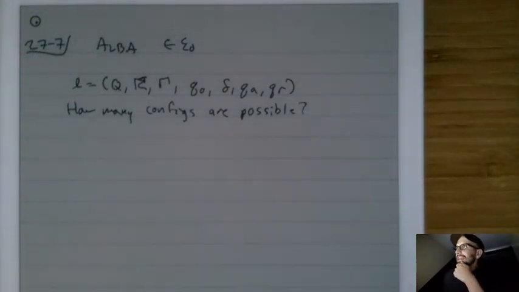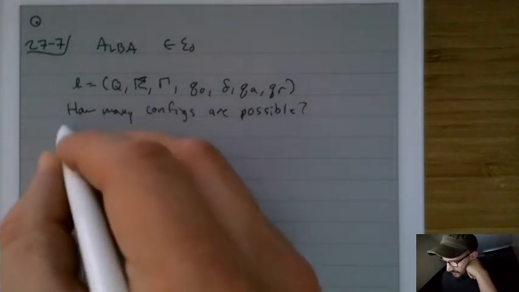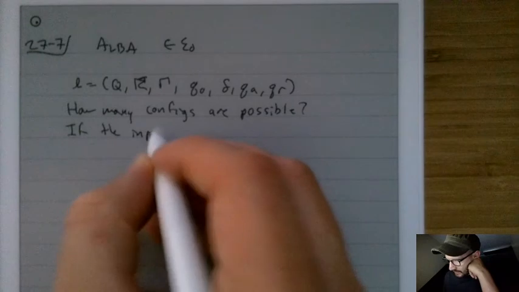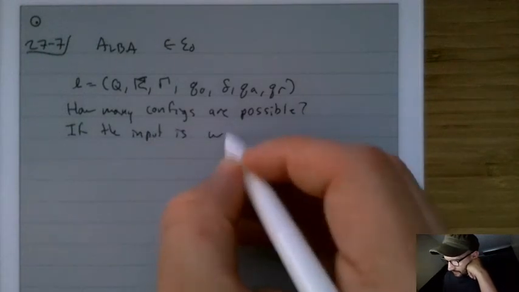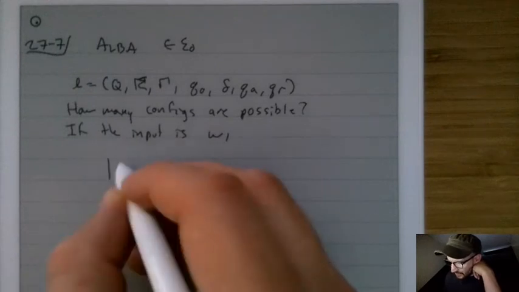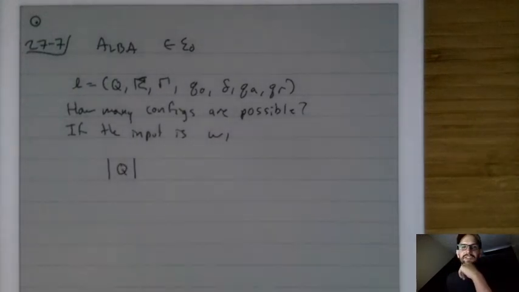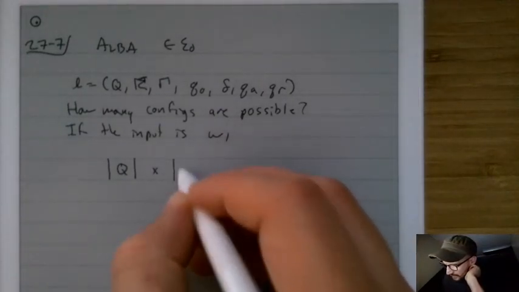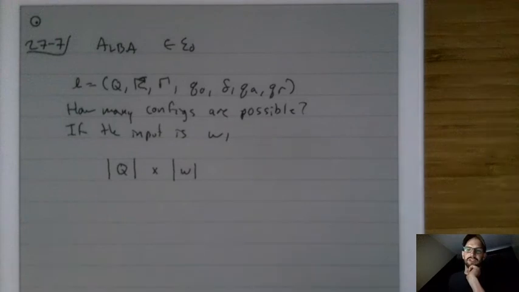Well, if the input is W, then what can we have? We can have the size of Q, the number of states, so that's all the different states. Then the head can be in each one of the positions of the input, so we could be looking at any individual character.